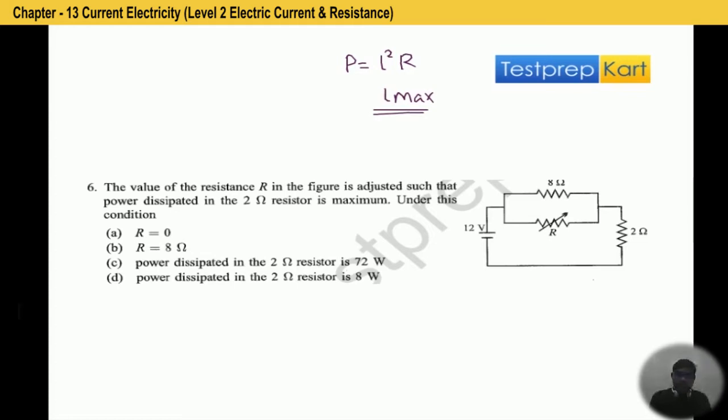So when will we get the maximum current passing through a circuit? Whenever the total resistance of this circuit is minimum, then we'll get maximum current in this circuit.